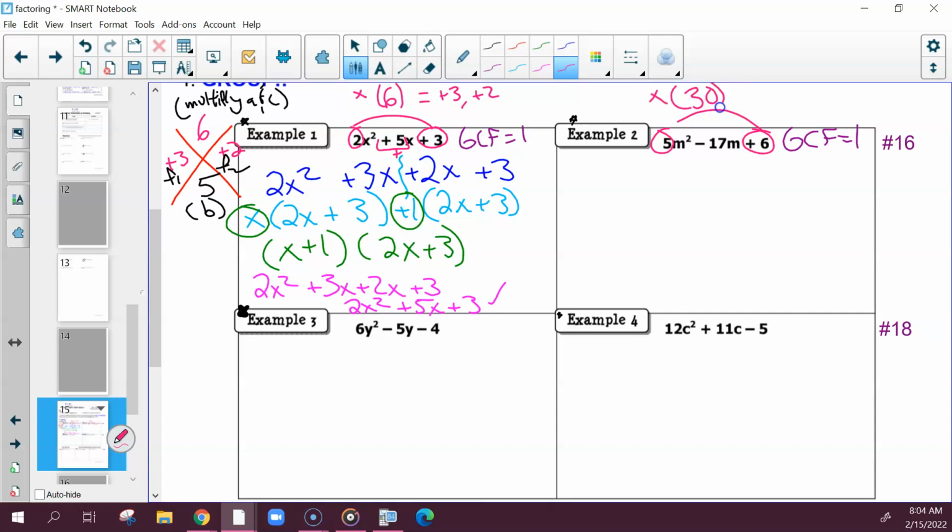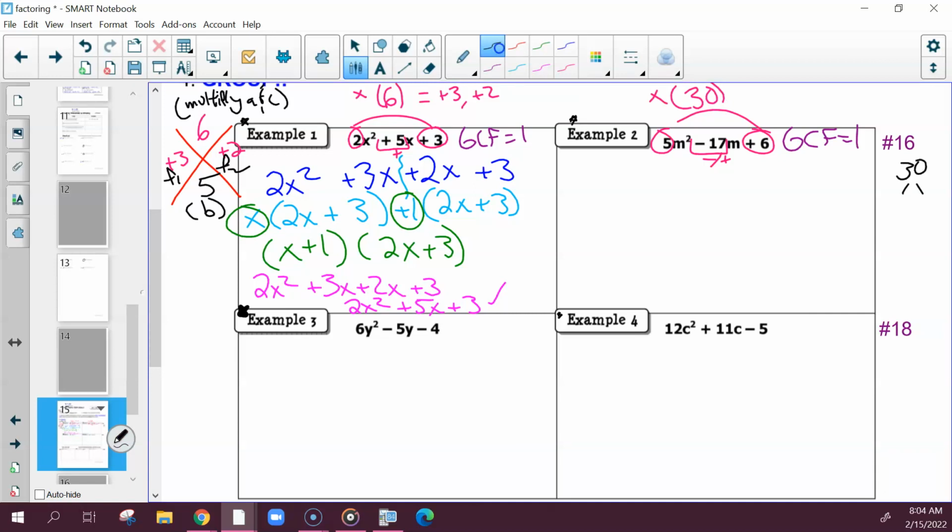And then we need to find 2 numbers that multiply to be 30, but add or subtract to be negative 17. 30 has not a lot, but it has a few factors, so listing them out wouldn't hurt.